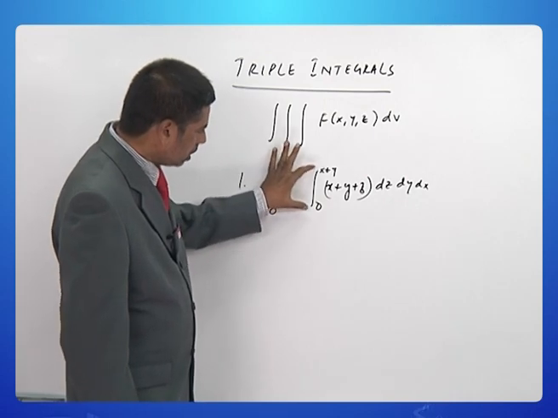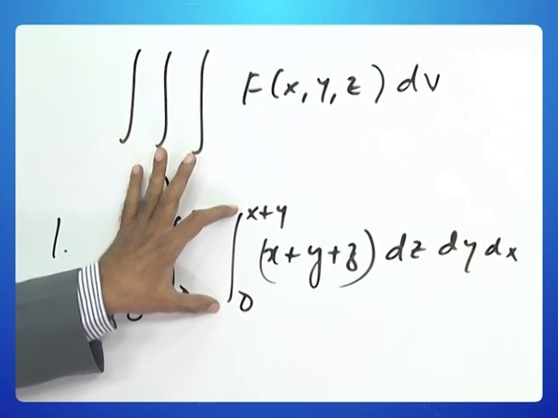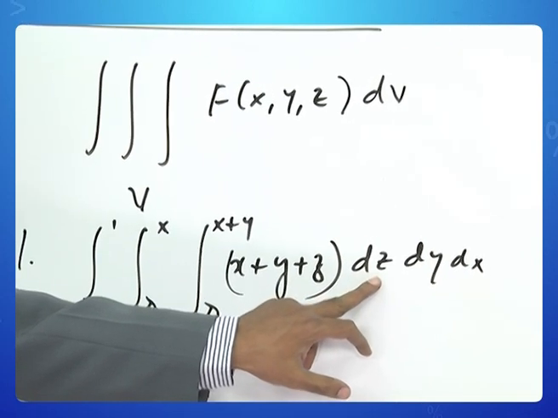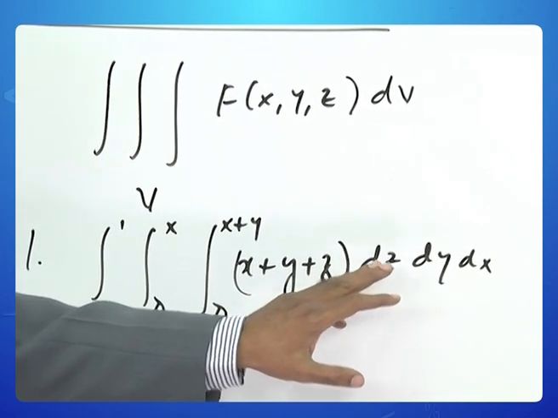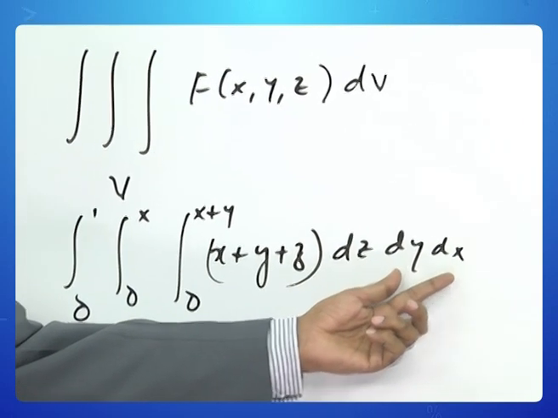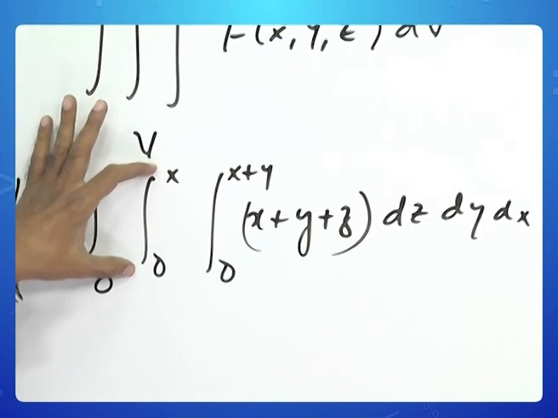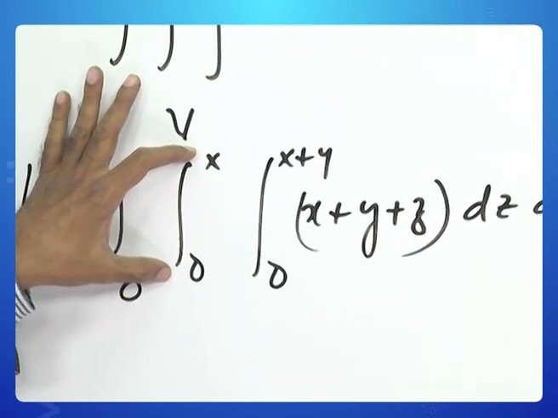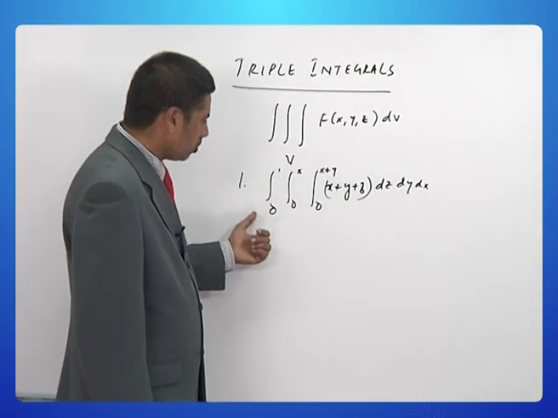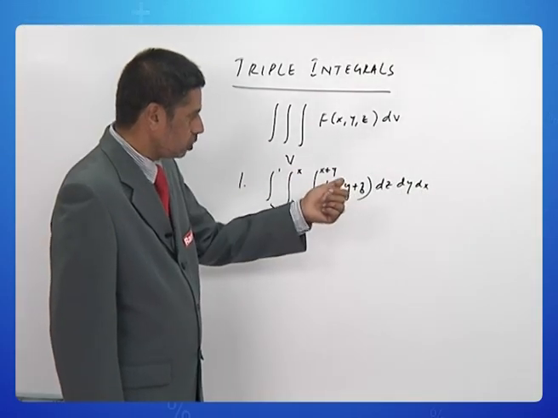When the inner limits are functions of x and y, then the first integral will be with respect to z. So once the integration with respect to dz is over, we are left with the x and y variables. Because the intermediate integral is carrying functions of x, it has to be with respect to y. And finally you will be left with integration with respect to x.